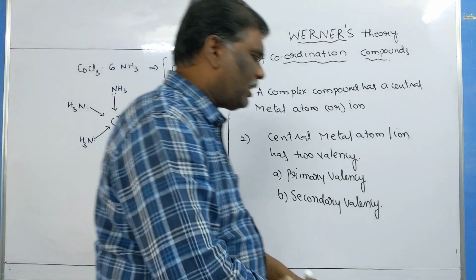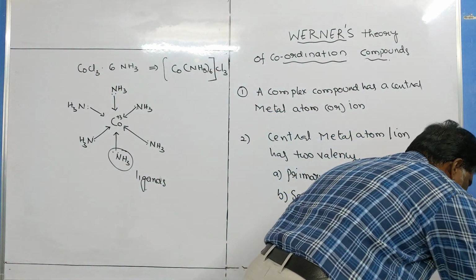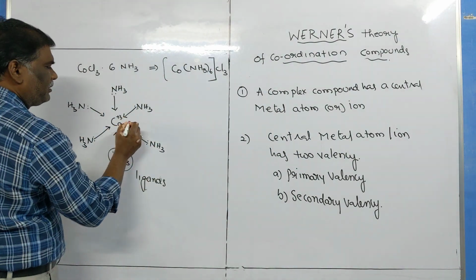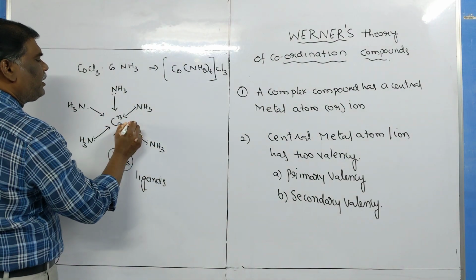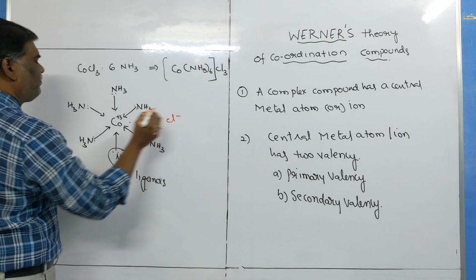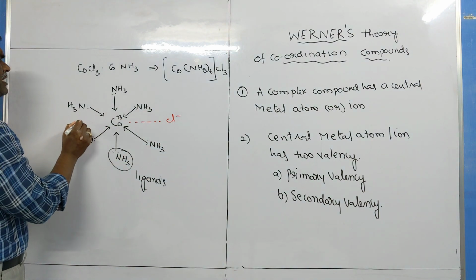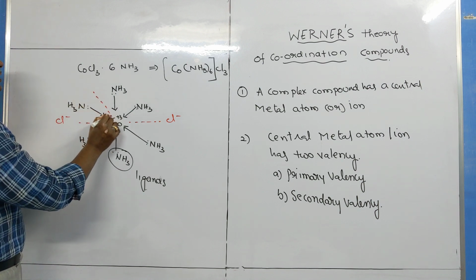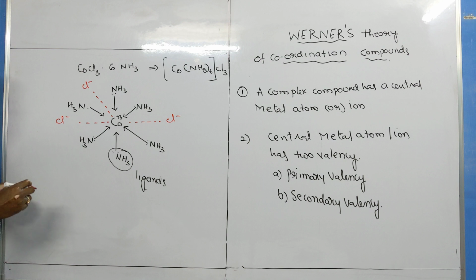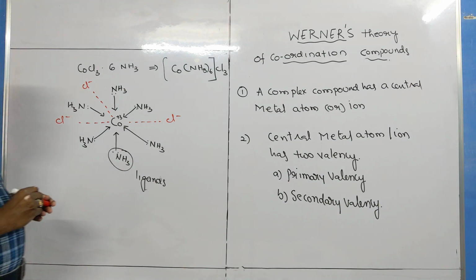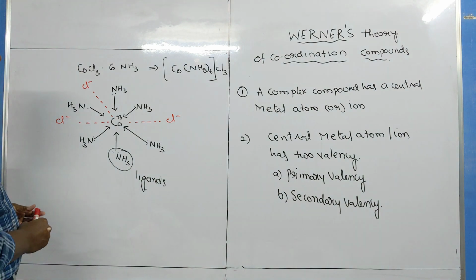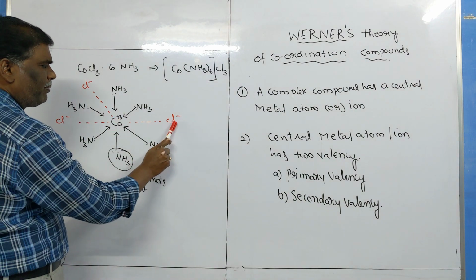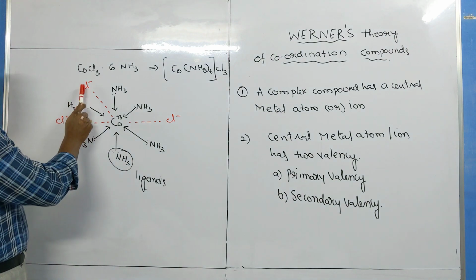And the primary valency is satisfied by negatively charged species. What is primary valency? Primary valency is equal to the oxidation state. The primary valency is satisfied by negatively charged species.